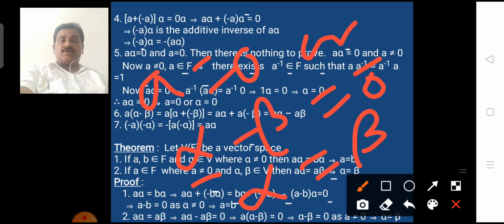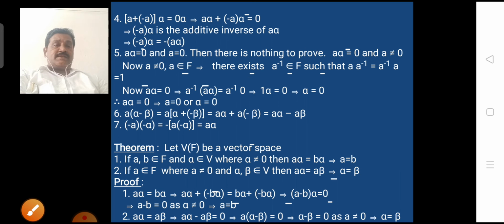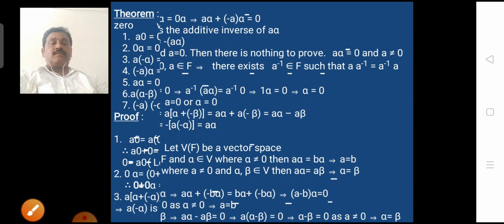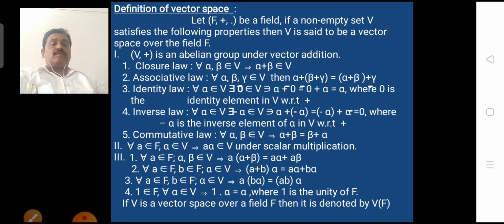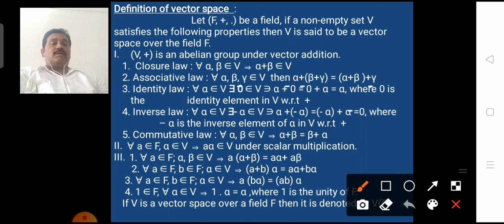So in this class, first of all we learn about what is a vector space. There are three properties: vector addition, scalar multiplication, and both of them. Then V is a vector space and it is denoted by Vf.